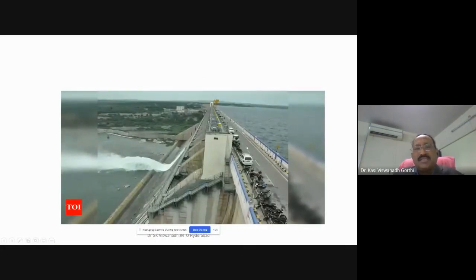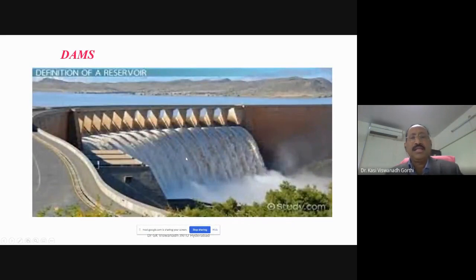The dam is constructed, and the top of the dam is used as a road connecting both the banks of the river. You have on the upstream side the storage of water, and on the downstream side the flow of water by opening one gate from the spillway. This is the flow of water taking place. Here are other pictures of the dam.